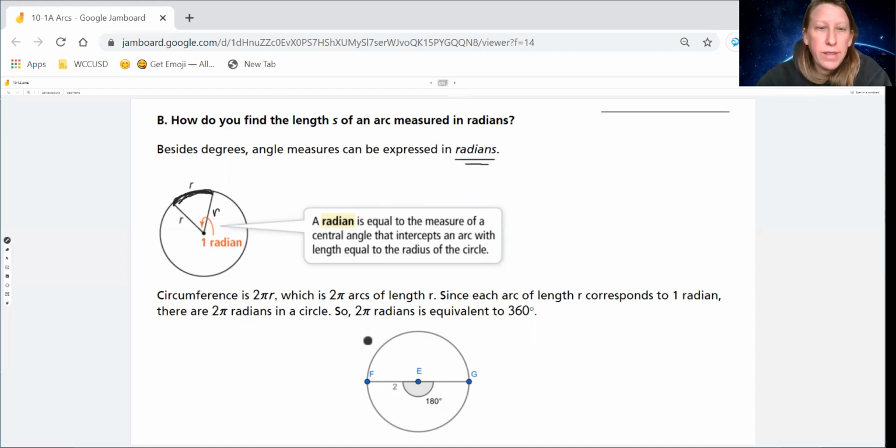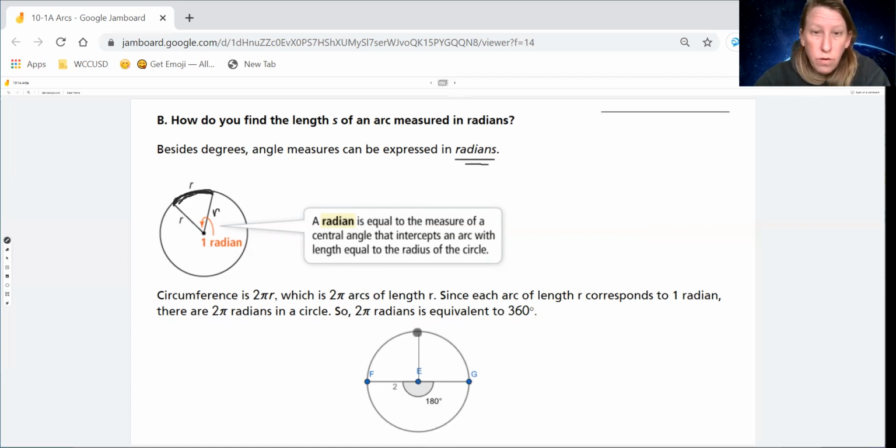What that means is, if you are trying to do this in radians, it's really easy. Since the arc length r corresponds to 1 radian, there are 2 pi radians in a circle. So 2 pi is the same as 360, which means all the way around a circle is 2 pi. Halfway around a circle is pi.